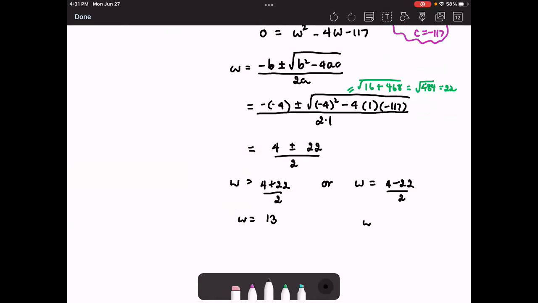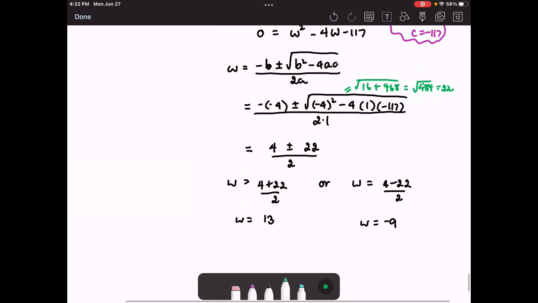The second one would be negative 18 divided by 2, or negative 9. The dimensions cannot be a negative number, so we discard the negative solution. That means the width is 13 yards.